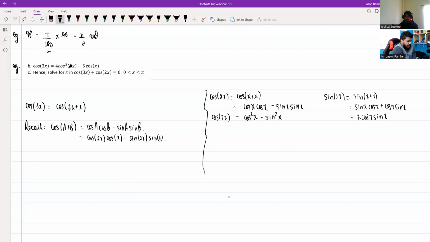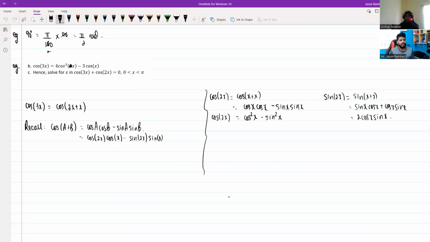Now, what is the advantage of using double angle and triple angle formulas? Or why will we want to break it down? This 3x is some representative of an angle. And we will use the double angle formulas to express a compounded angle, which is 3x, as a sum or difference of individual angles, which is x.